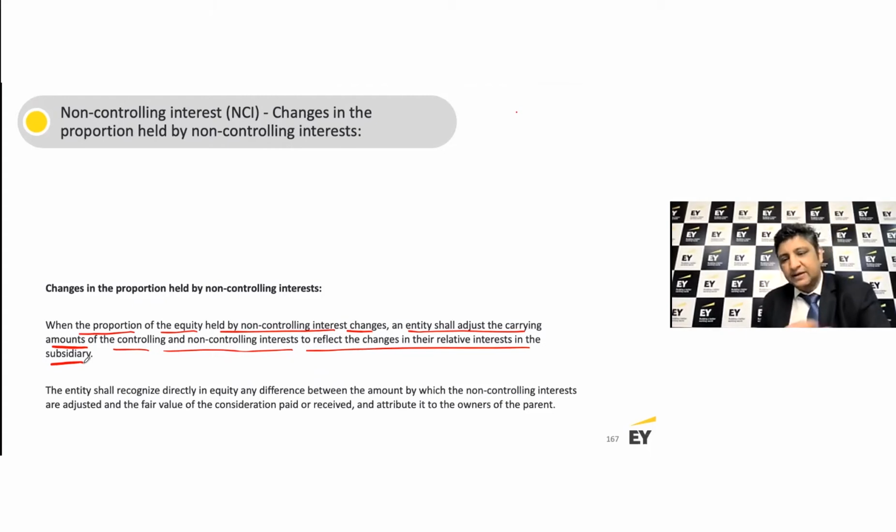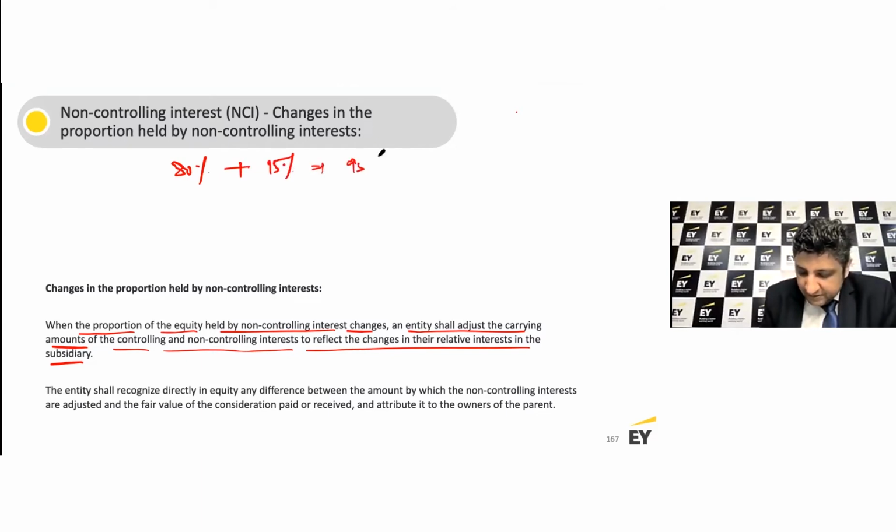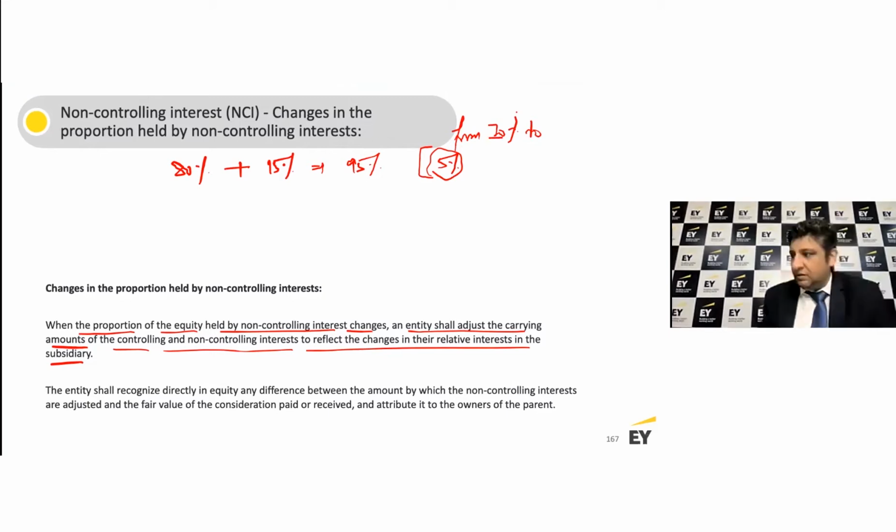It simply means, for example, in case you are buying an additional stake from 80% to 95%, you start viewing the NCI as reduced from 20% to 5%. So effectively, in this case, to reduce the NCI, you have to debit non-controlling interest.